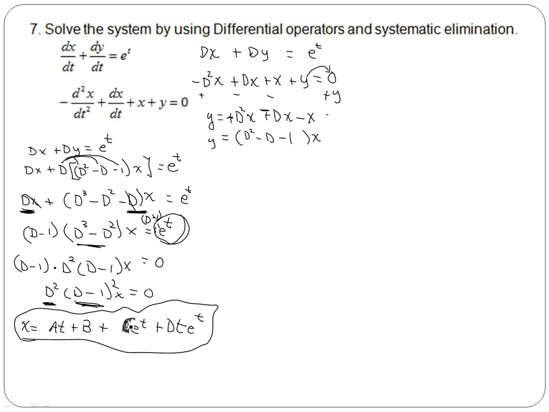And then once I know what x is, I can easily go and find what y is. y is D squared minus D minus 1 applied to x.